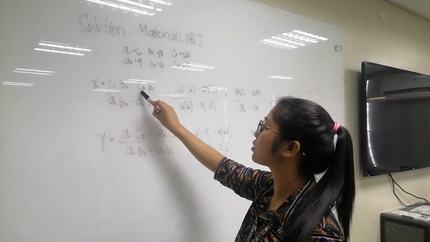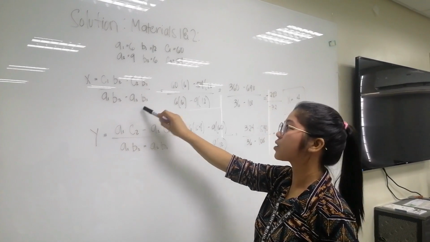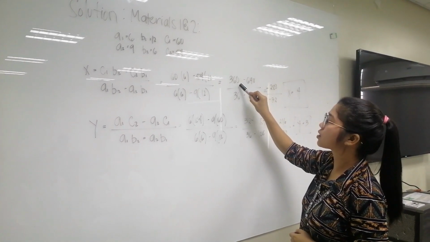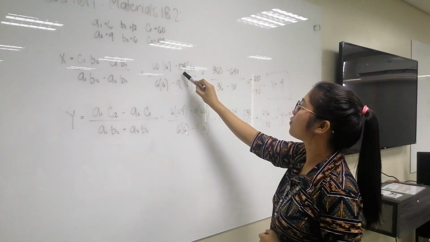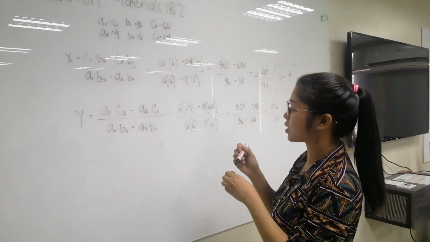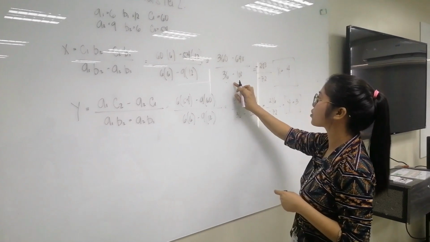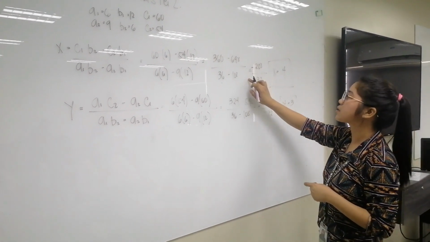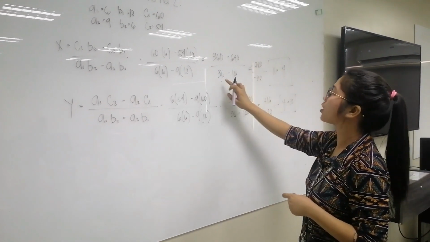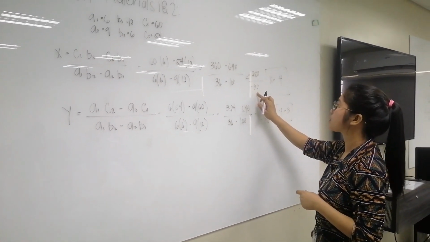C1 times B2 minus C2 times B1 over A1 times B2 minus A2 times B1 equals 60 times 6 is equal to 360, minus 54 times 12 equals 648, over 6 times 6 equals 36, and minus 9 times 12 equals 108. So 360 minus 648 is negative 288 over 36 minus 108 equals negative 72.